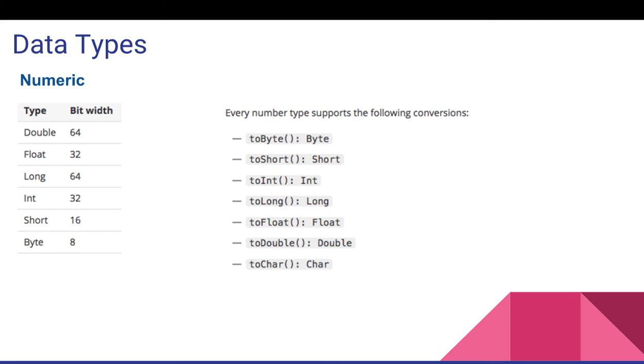And every numeric type supports the following conversions. We can convert any numeric data type to these data types, because these methods are available on every numeric data type. We can convert to byte, short, int, long, float, double, char, etc.